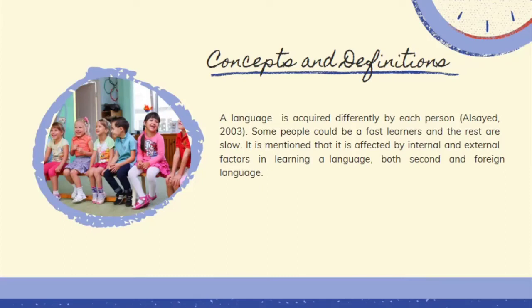Here, a language is acquired differently by each person. Some people might be fast learners and some people may be slow learners. It is mentioned that it is affected by internal and external factors in learning a language, both second and foreign language. But today, we will only focus on the external factors in learning a language.